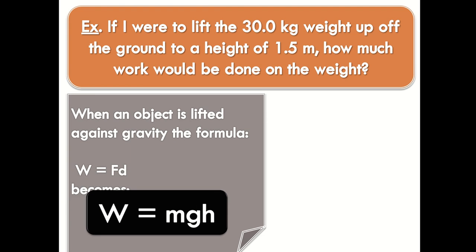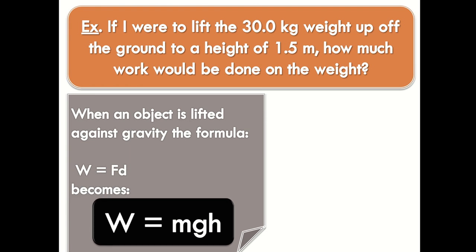When an object is lifted against gravity, the formula becomes W equals mg times h. The mg comes from the force of gravity, so we can extend this: Fg equals m times g. Replacing d with the height, we end up with mgh.